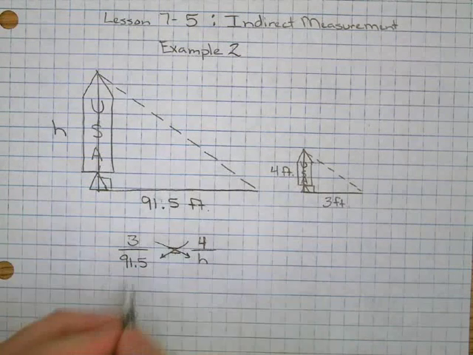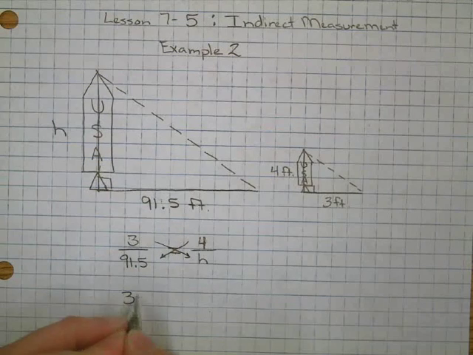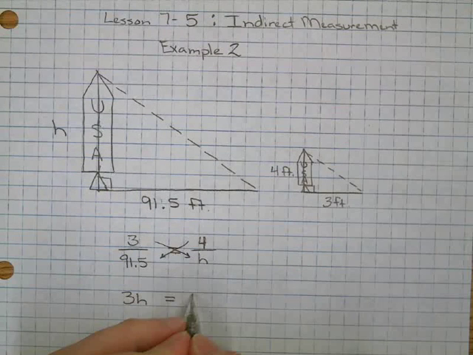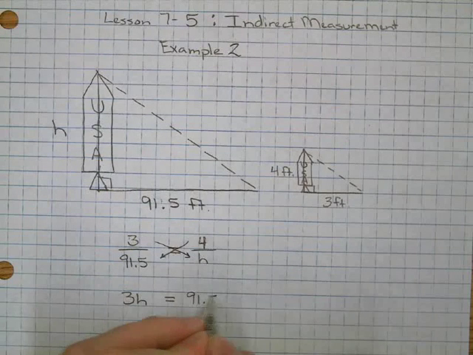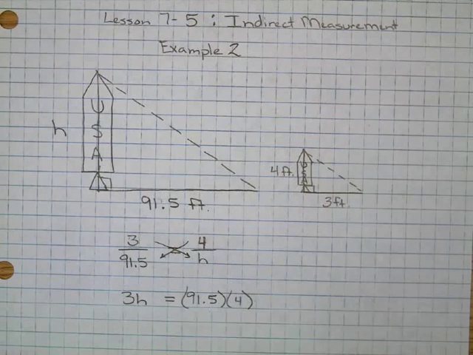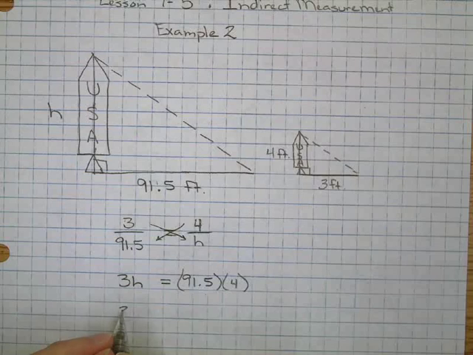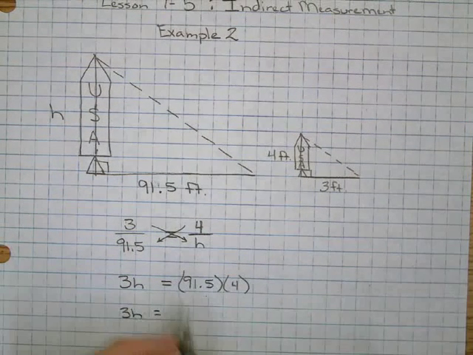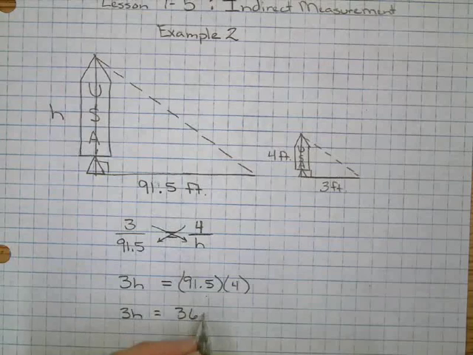So I'm going to multiply 3 times our unknown h, and that will equal 91 5/10 times 4. So 3h will equal 91 5/10 multiplied by 4, which is 366.